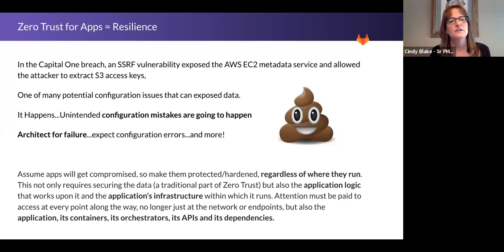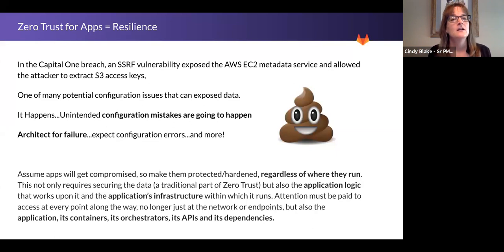And so we can apply that same resilience towards applications and that application environment. So expect that they will come up against bad guys, but try to harden them. Follow good hygiene and do some things to harden them wherever they run.